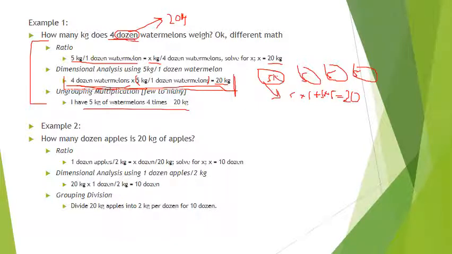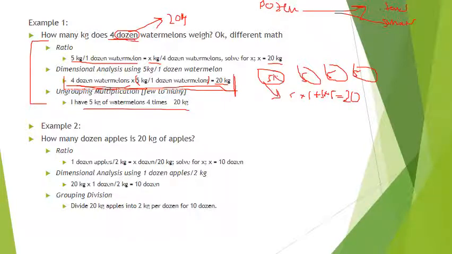Anytime you go from a dozen to something else, either mass or amount, you're always going to be ungrouping. So whenever you go from dozen to either amount, a number of items, or mass, you're ungrouping. Okay.